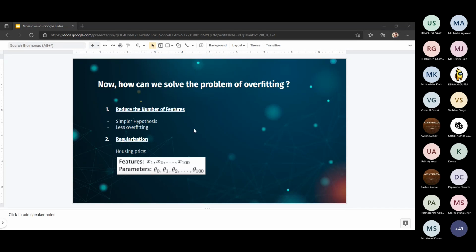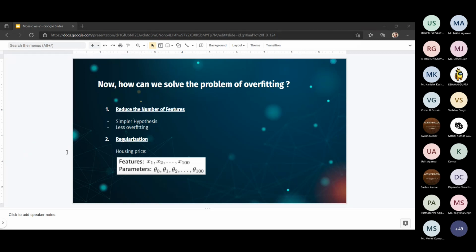To understand it better, let's consider the linear regression cost function. Here you can see that I have taken the housing price prediction problem. Suppose we have 100 features on which we will be training our model.